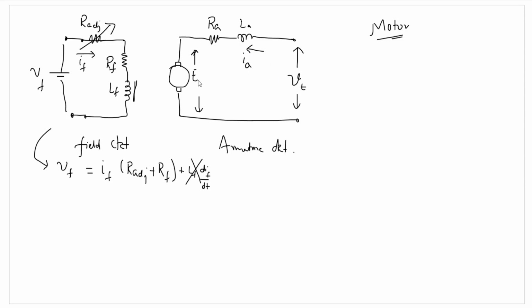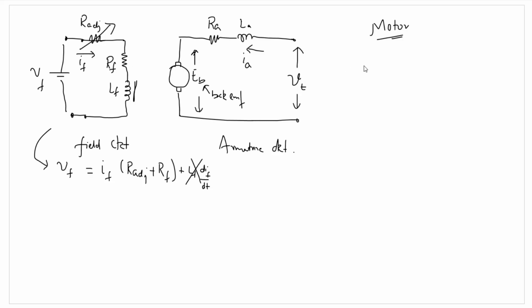The voltage that appears across the armature is denoted by EB, the back EMF that's produced. We can use the same labels EA, but let's keep it EB for the time being.